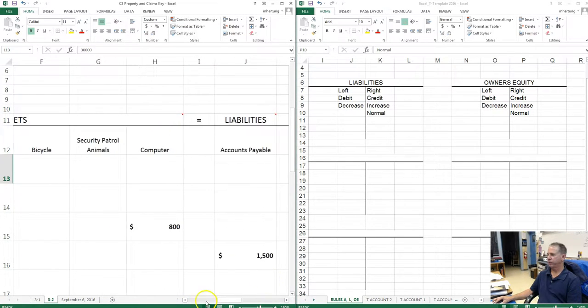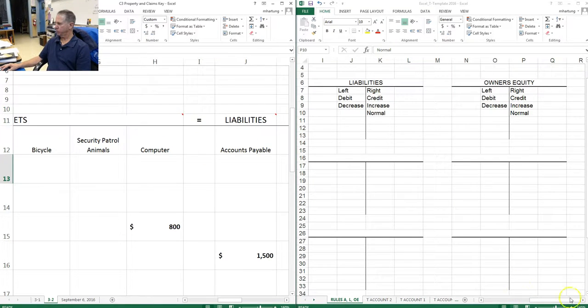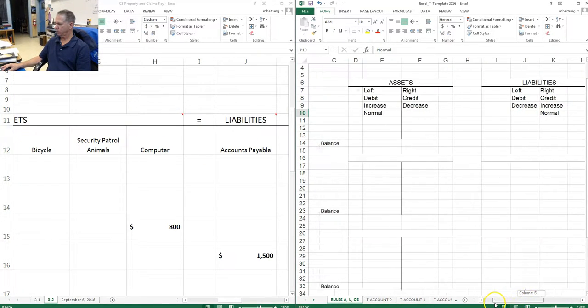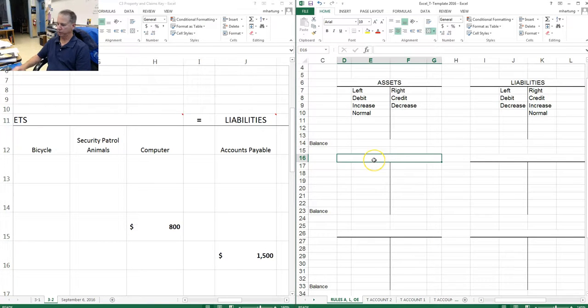So we had two accounts affected. Let's go ahead and put these right underneath our assets. So we're going to have two accounts affected, and the first one is going to be cash, and the next one is capital.